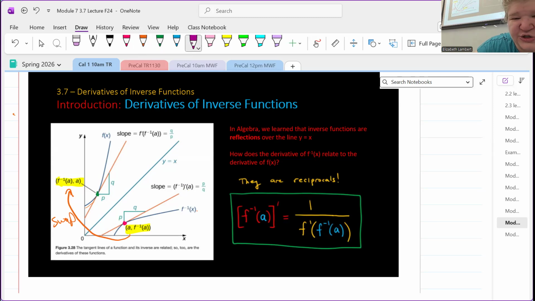So I also need to do the reciprocal. So basically we have a weird, crazy picture with 20 million things going on, but inside that picture, we can show that the derivative of the inverse function at a value is the reciprocal of the derivative of the original function at the inverse of the value.